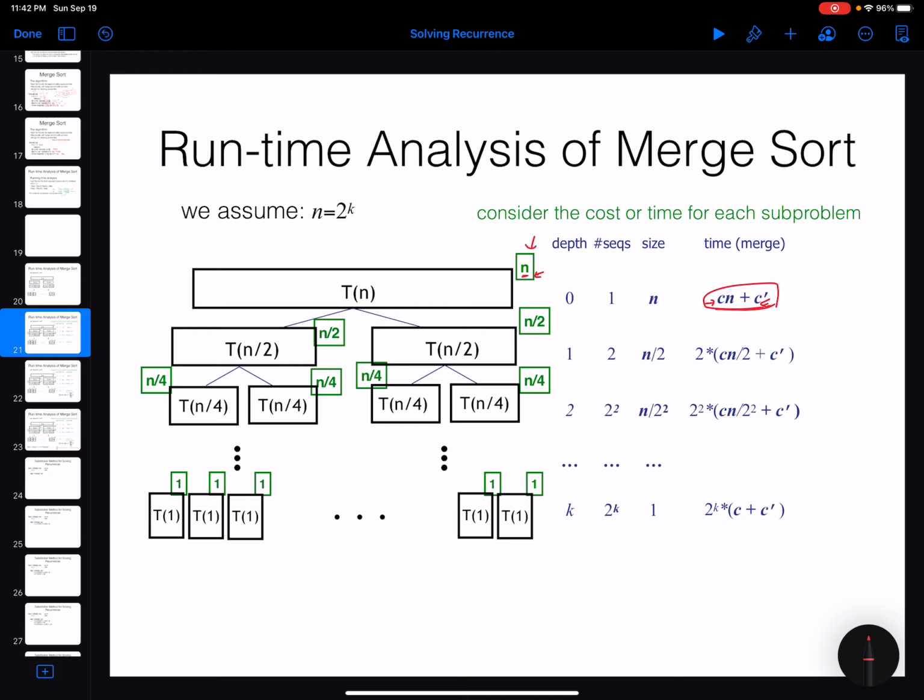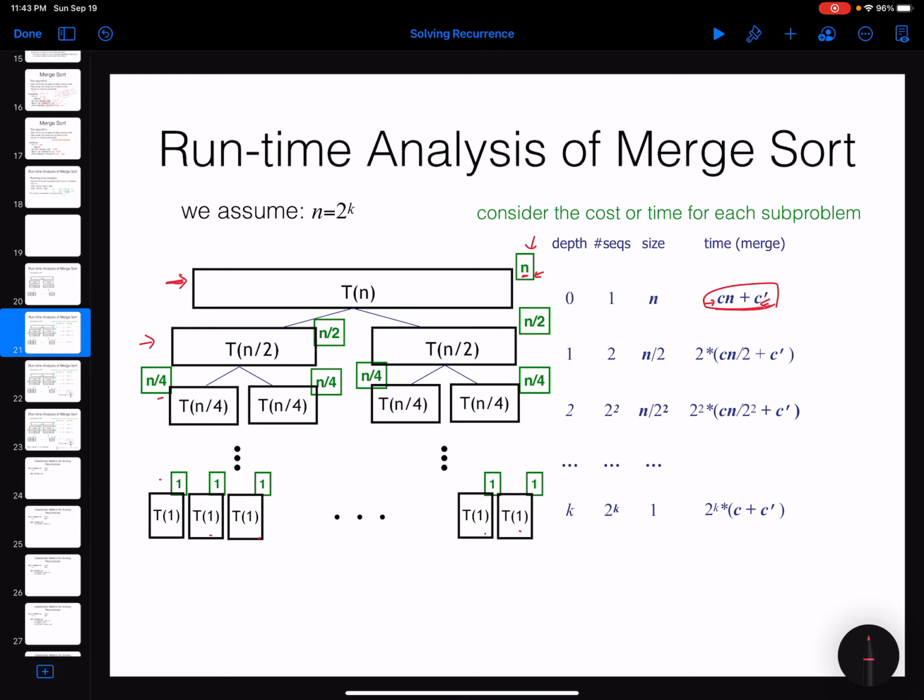So for the first level, I'm going to get the summation of the cost over all of these boxes, but I'm going to do it level by level. For example, at this level of the tree, how much cost do I have, and at the next level, how much cost do I have, and then I will get the summation over all of them.